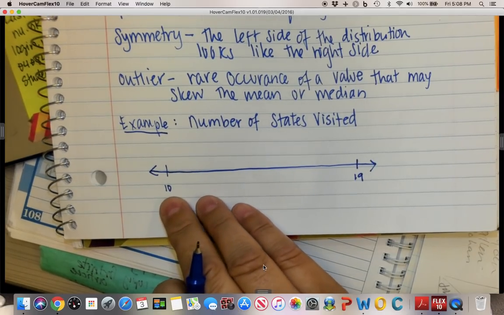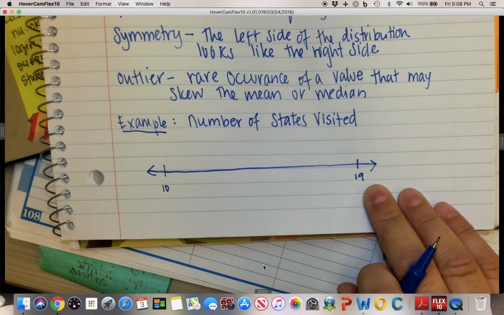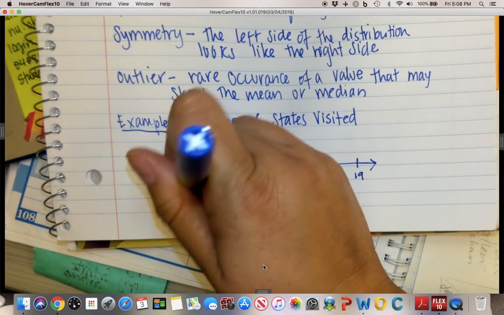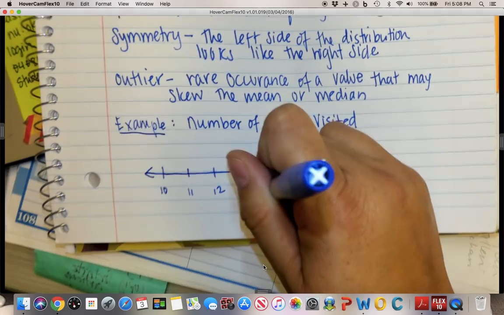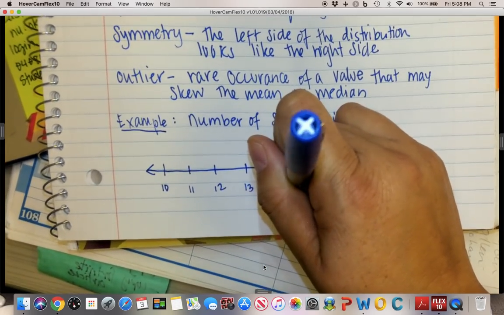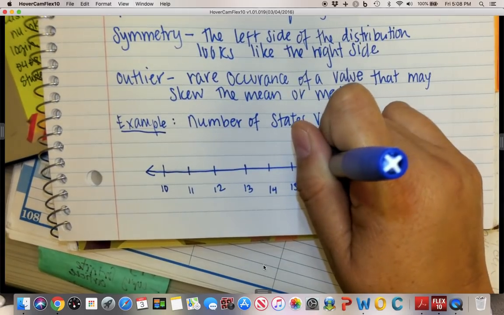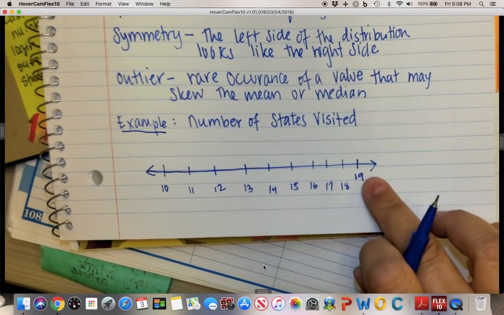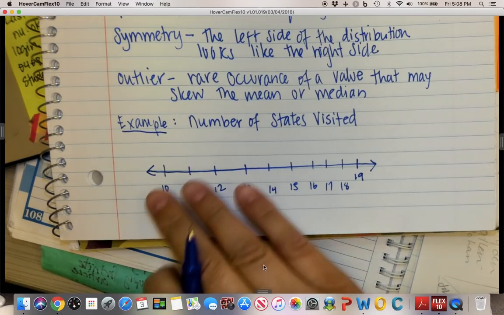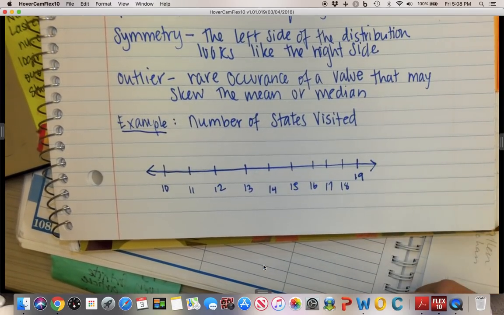So I'm going to fill my chart in between 10 and 19. So 10 states, 11 states, 12 states, 13 states, 14 states, 15 states, 16 states, 17 states, and 18 states. And then 19. It's not the greatest looking graph, but that's okay. You'll get the idea.